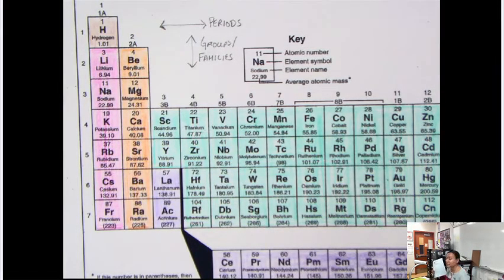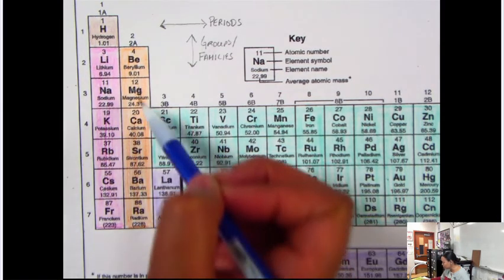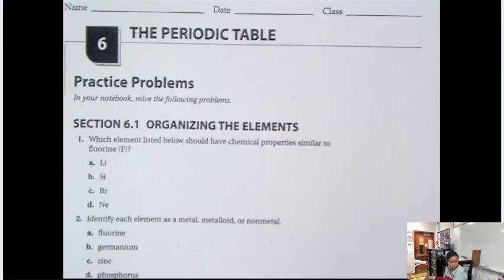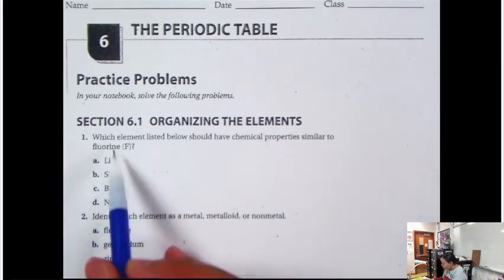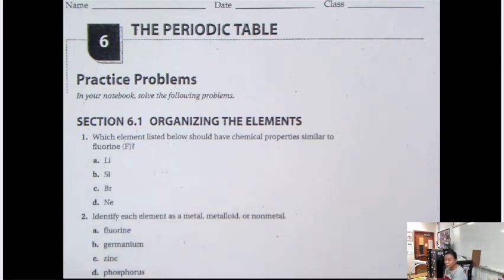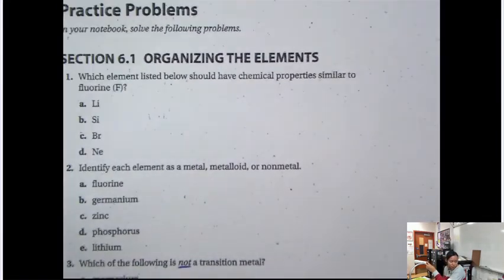Okay, they are in the same group. So that means strontium, barium, radium, magnesium, beryllium will all have the same properties as calcium. So what you're doing on number 1 here is they're telling you it's fluorine. You're just going to circle, since you're using Cami, whichever ones apply. Which element or elements listed below should have chemical properties similar to fluorine.